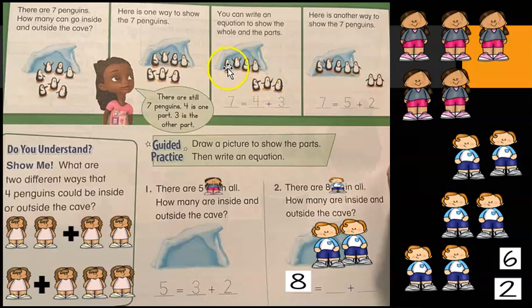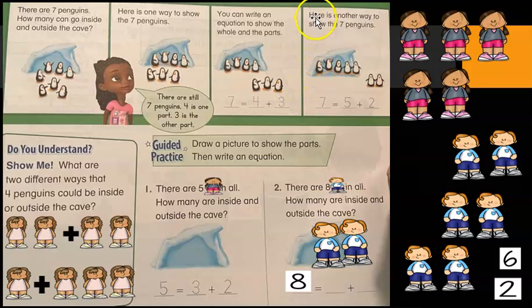And then there's 4 penguins that are still inside the cave. So therefore 4 has to be put here. You see that? They already completed it for you. And when you add them all up, they're going to be 7 penguins. But 4 penguins are still inside the cave and 3 are outside the cave. So this is your addition equation.